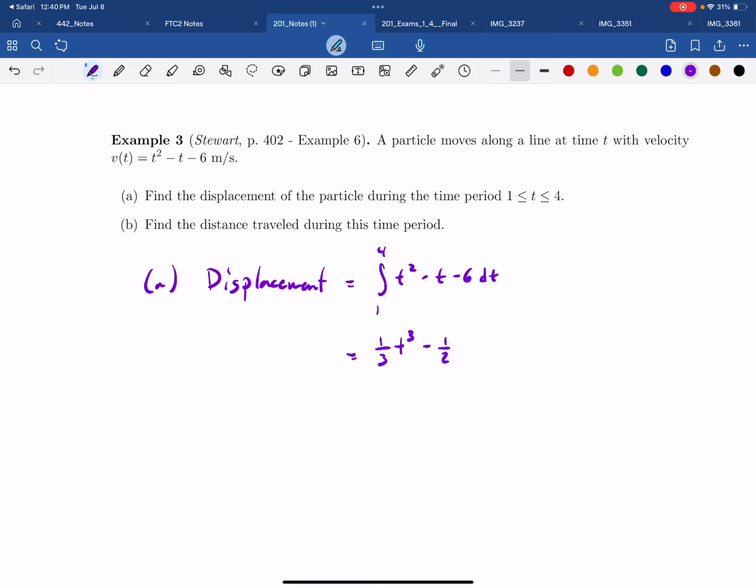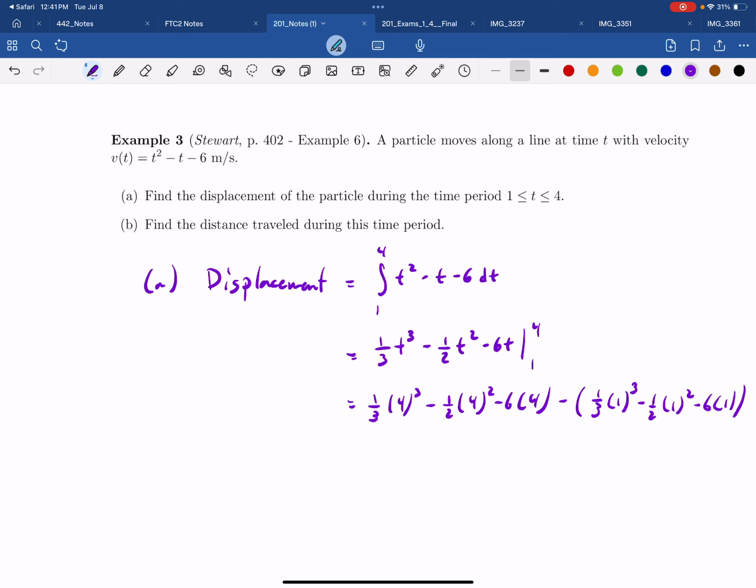We're just anti-differentiating, and then we plug in 4, subtract, plug in 1. And you could simplify all that out, right?